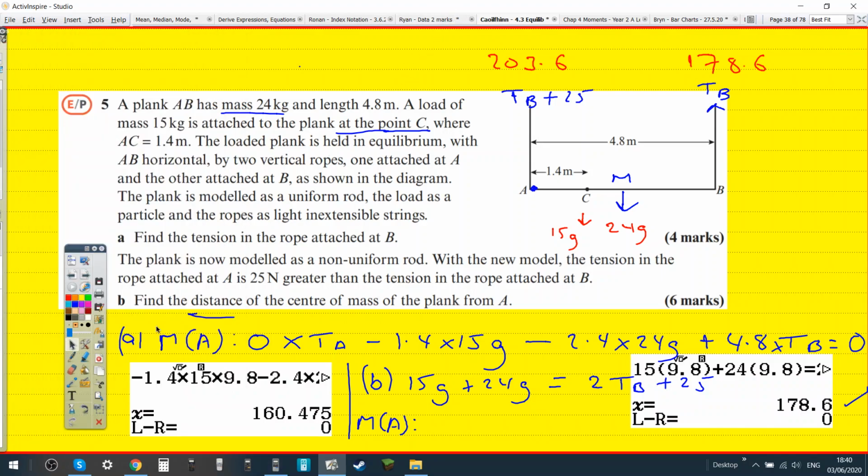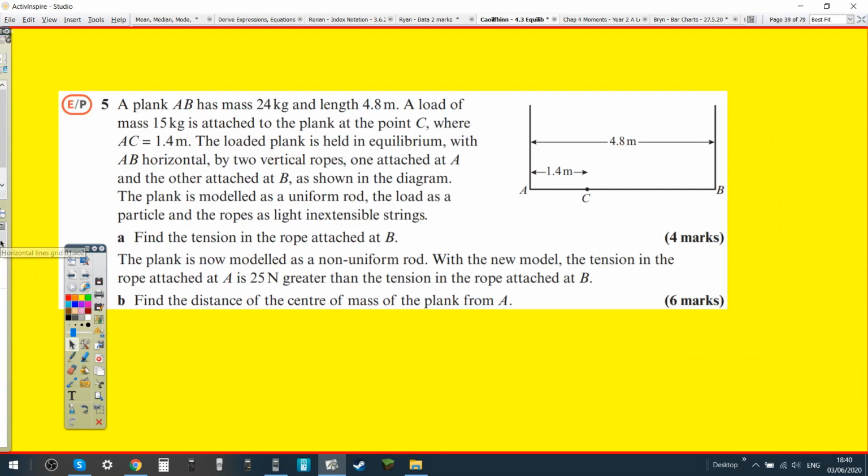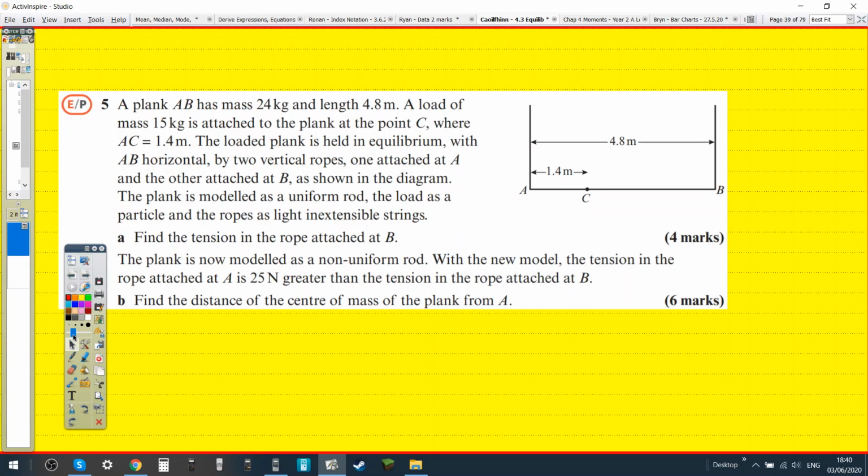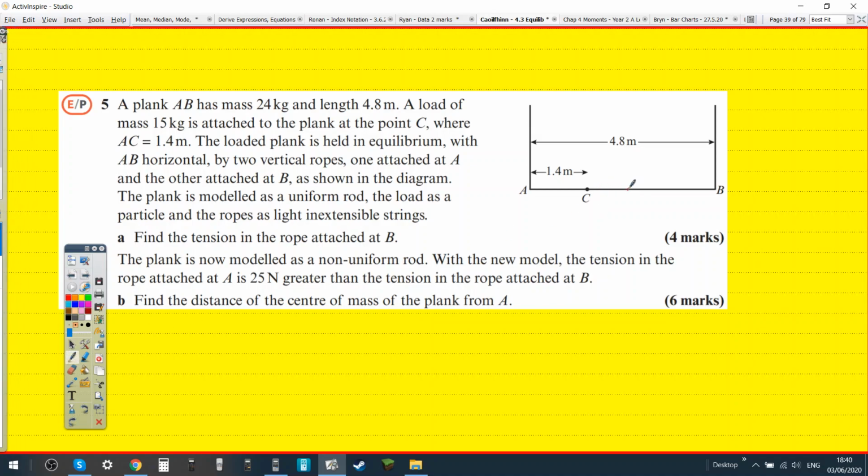Right, hang on. So 178.6. Okay, do it all again, except this time it is the M that has moved somewhere. 24G. Okay, so 15G.